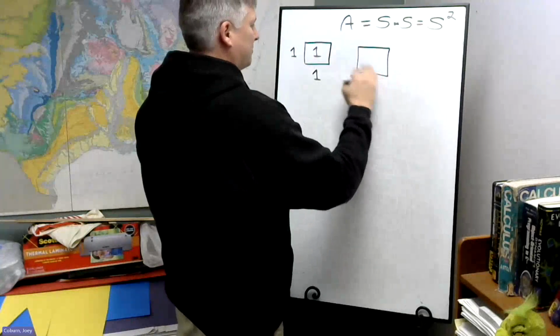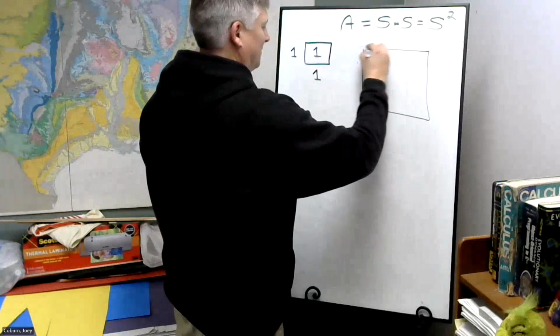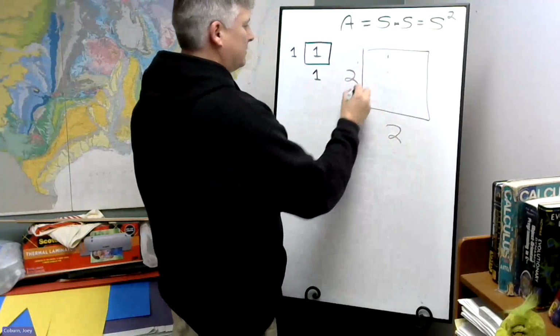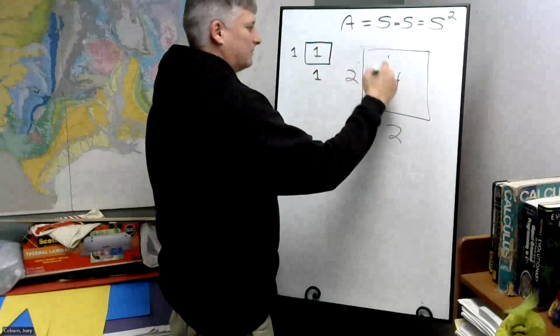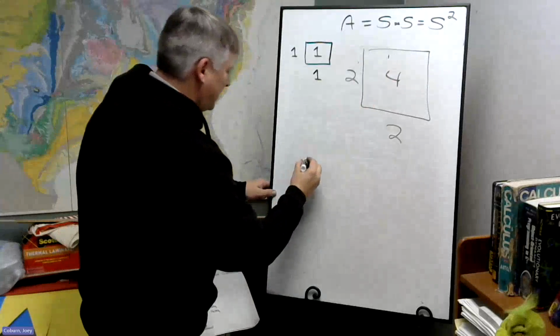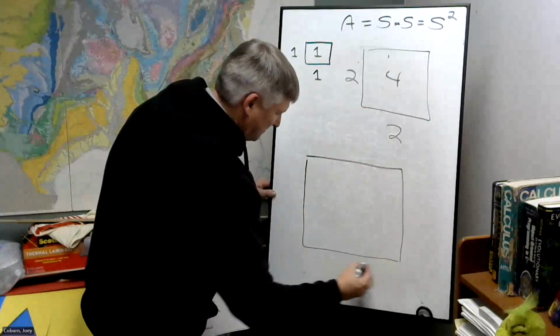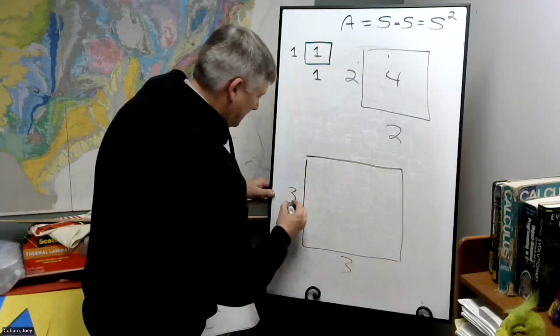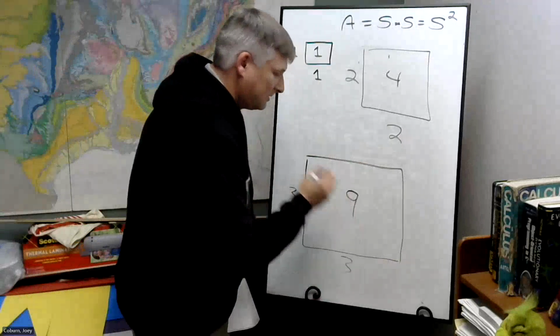Now let's say this was a bigger square, 2 by 2. Well, the area of this, 2 times 2, would be 4. And then likewise, if you had a much bigger square, well, the area of this would be 3 times 3 is 9.